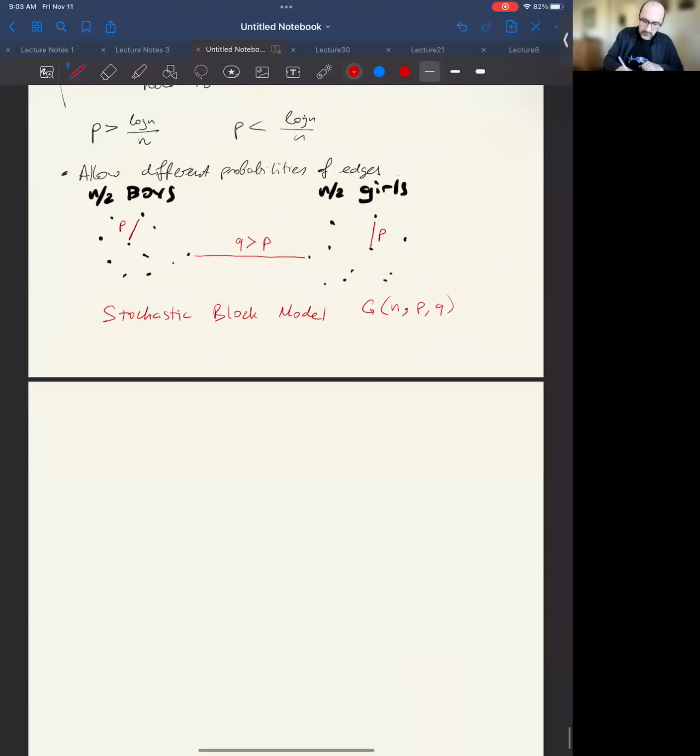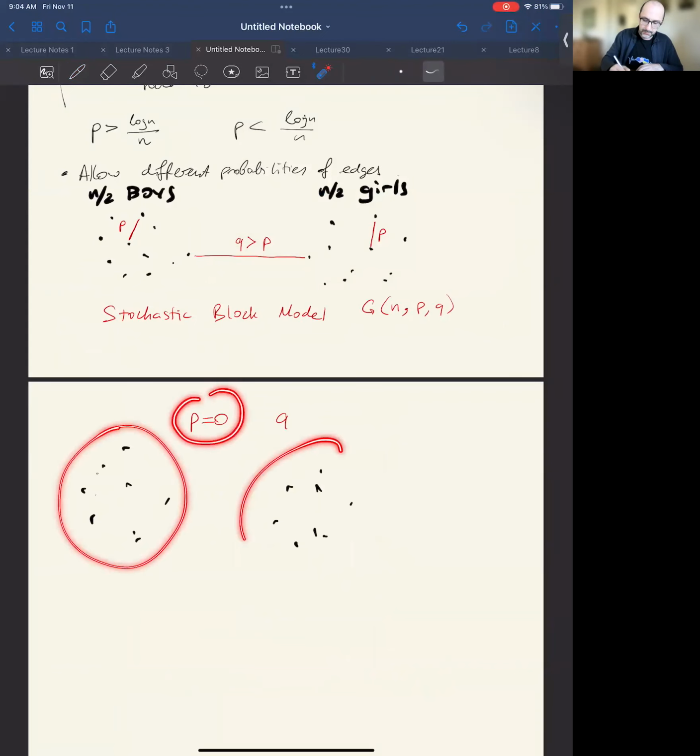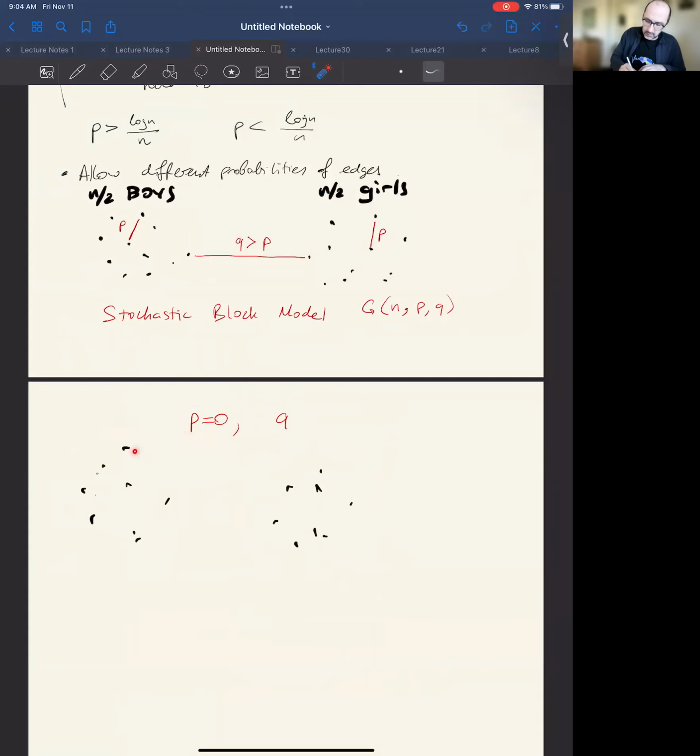Imagine, for example, that P is 0 and Q is something. What kind of graph will we see? We see a bipartite graph, right? Because P is 0, nothing will be connected inside these clusters, and all of the connections will appear across clusters, like this.